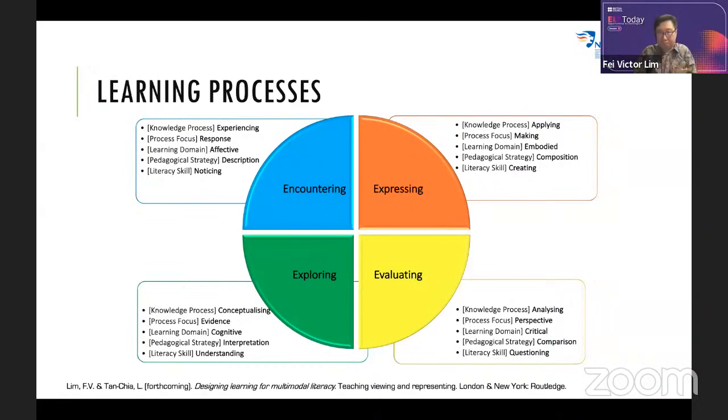Now, what do I mean? The first learning process is encountering. This relates to giving students the opportunity. Oh, sorry. Let me start maybe by the bottom green area, where we start with exploring. One of the first processes that you can do is exploring, where we allow students the opportunity to think about the kind of text that they have in the classroom, right?